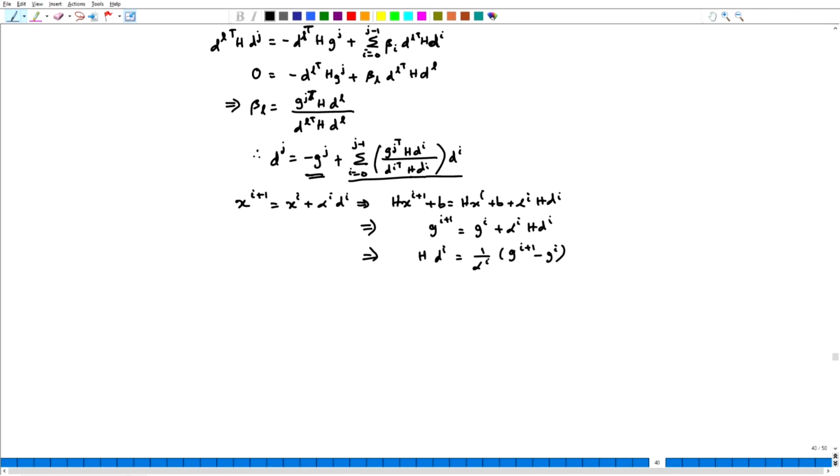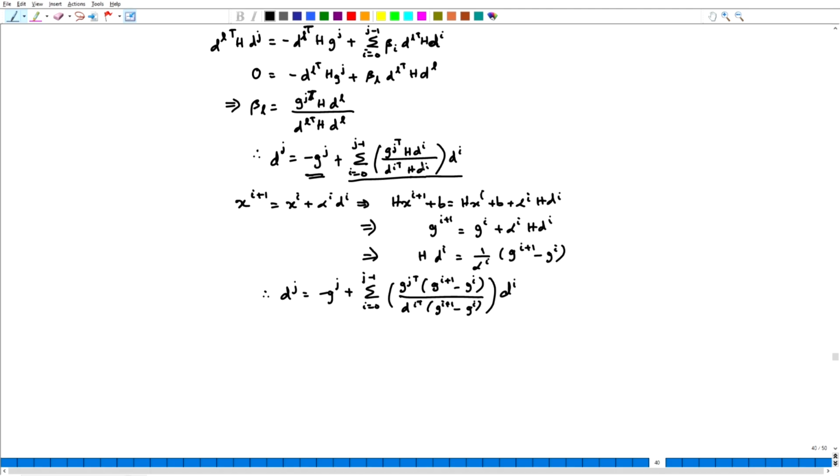right. So, why is this important? I am going to substitute this here instead of H d I. So, what I have here is d j equal to minus g j plus summation I equal to 0 to j minus 1 of g j transpose into g I plus 1 minus g I, by d I transpose into g I plus 1 minus g I, times d I. Okay.